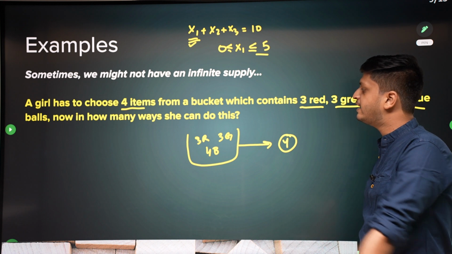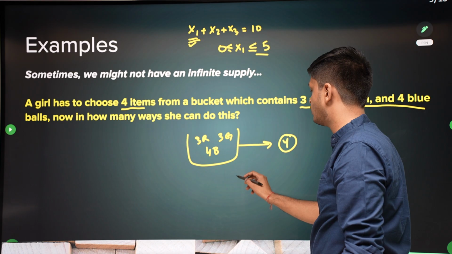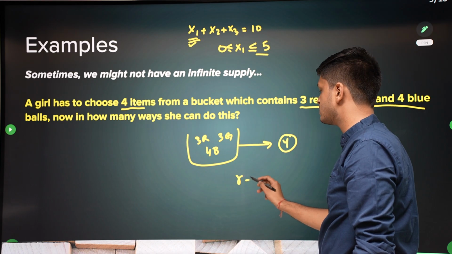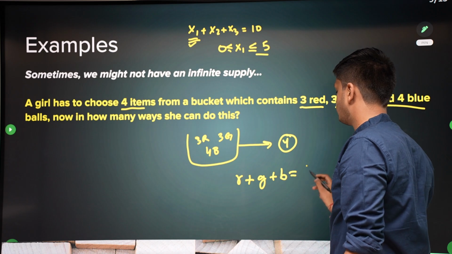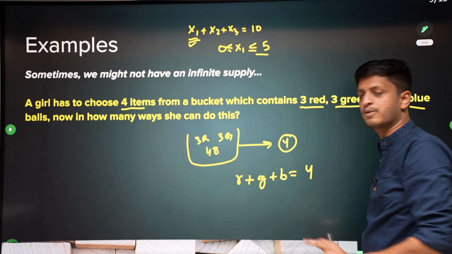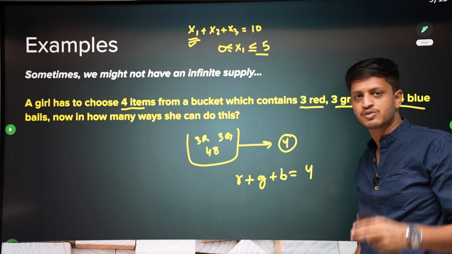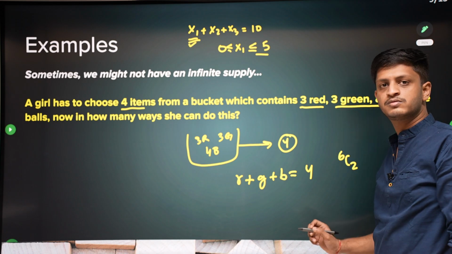Right? So had it been we had an infinite supply, this problem would have been simpler. Let's say you are taking R red balls and G green balls and B blue balls. So you have to take 4 balls total and we have an infinite supply. You just have to solve this problem where R, G, B can be greater than or equal to 0. So then the number of solutions would have been 6C2. Right?